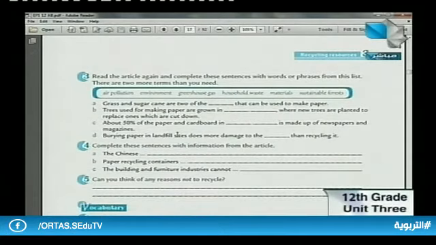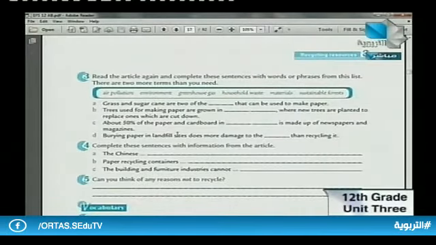Let me start with you, please, Ms. Reem. Number A: grass and sugarcane are two of the materials that can be used to make paper. Thank you.